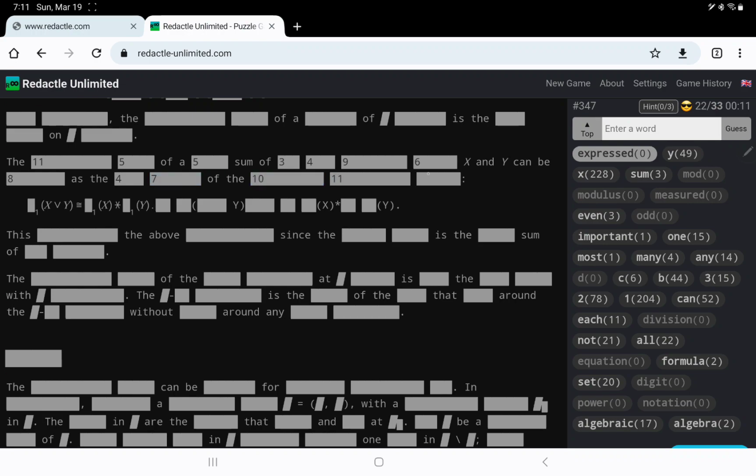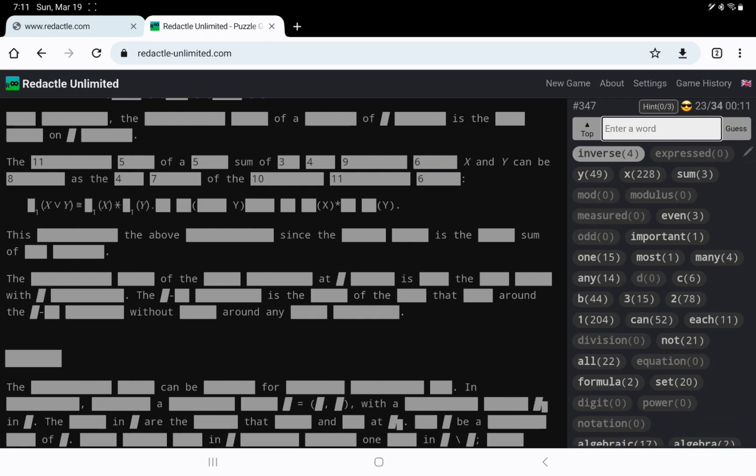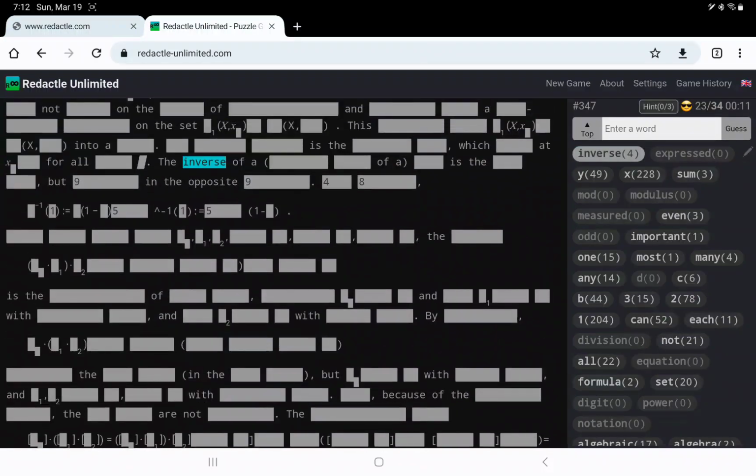as the 4, 7, as the maybe the inverse. No, we have the inverse of A, 8.5 of A. Something in the opposite direction.